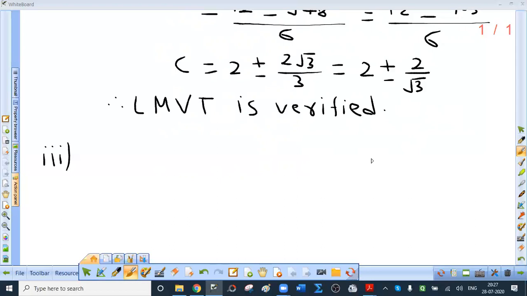Why? Because if denominator vanishes, function is not defined, except at x equal to 3.